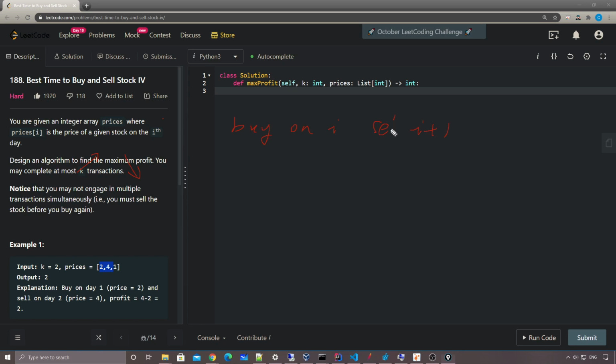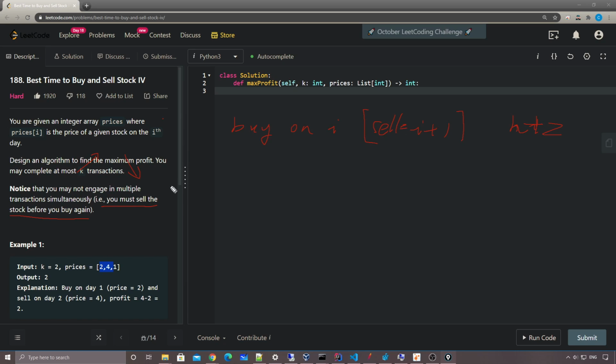And if you sell the stock on the i plus one day, you cannot buy on this day. The earliest day you can buy is i plus two, and you cannot buy before you sell this stock. You must sell the stock before you buy it again.